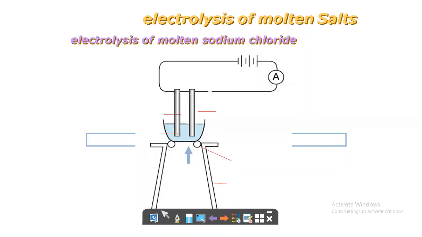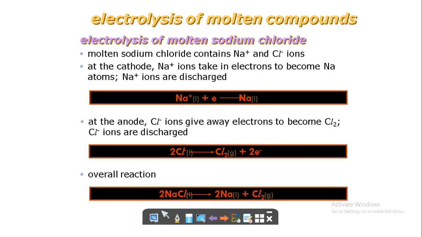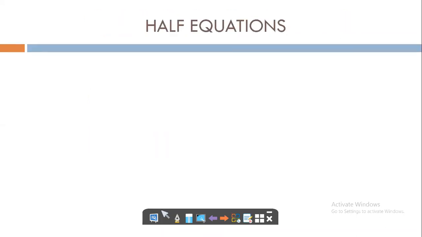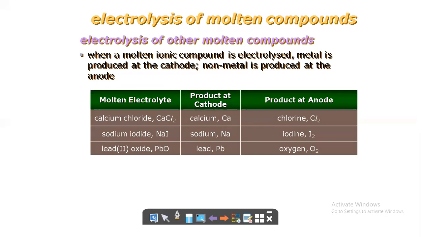I'll let you try to use these examples to tell me the products and work out something that will help you to identify the products easily. You can see that the first example is calcium chloride. Remember, there are only two ions.